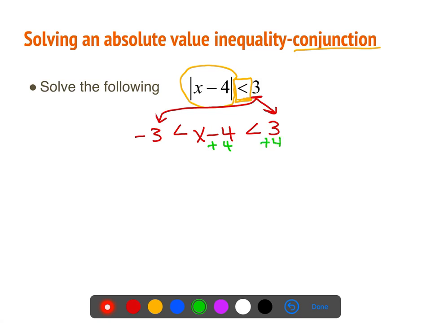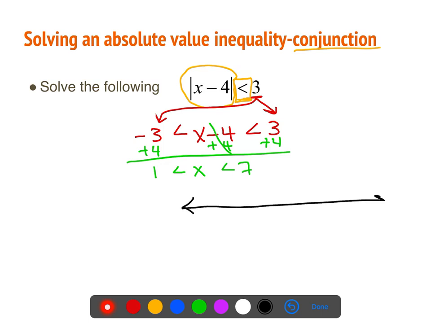So I got to get x by himself, so I'm going to add 4 to all 3 parts. So that means that my answer is somewhere between 1 and 7.